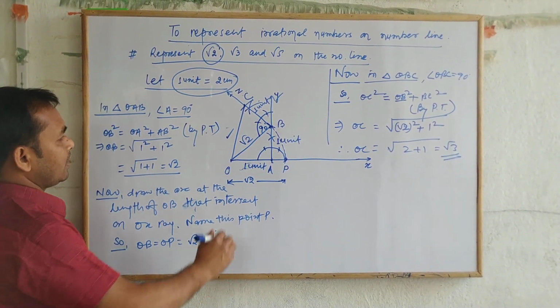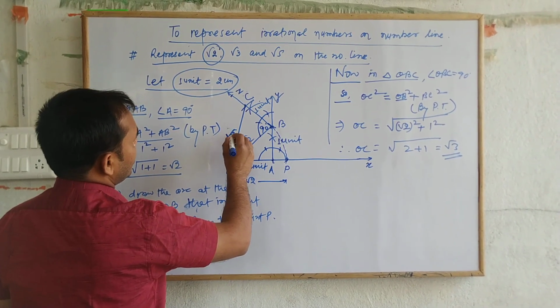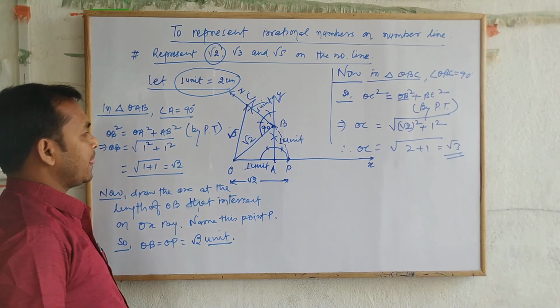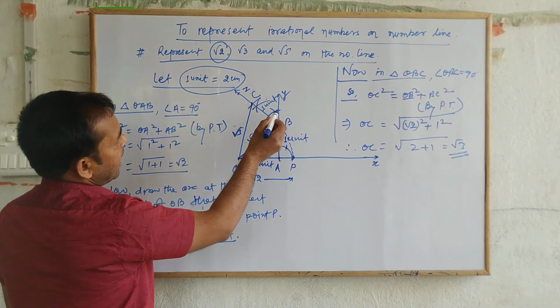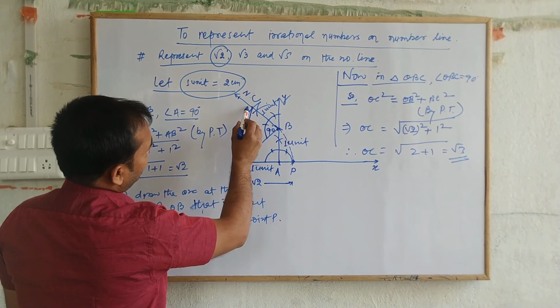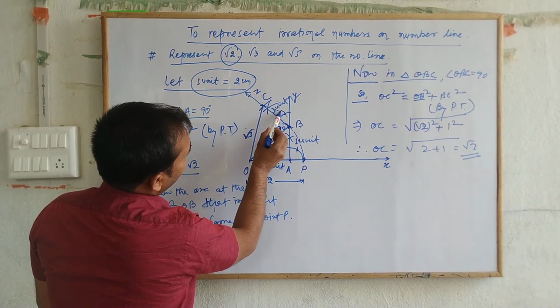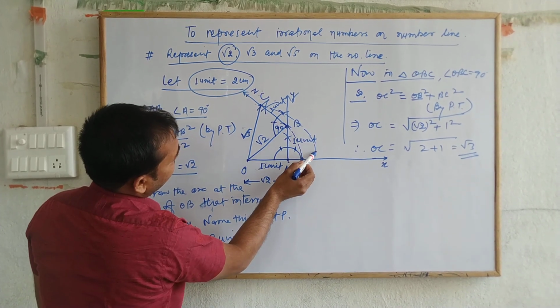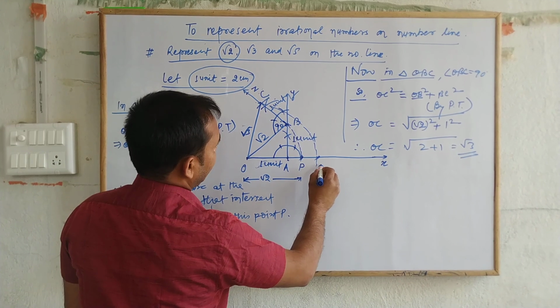And now write here root 3. OC equal to root 3. Now take the compass equal to OC, and with the help of that compass OC, draw another arc that intersects OX.